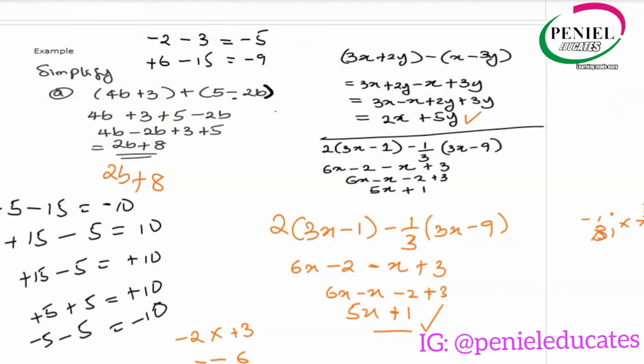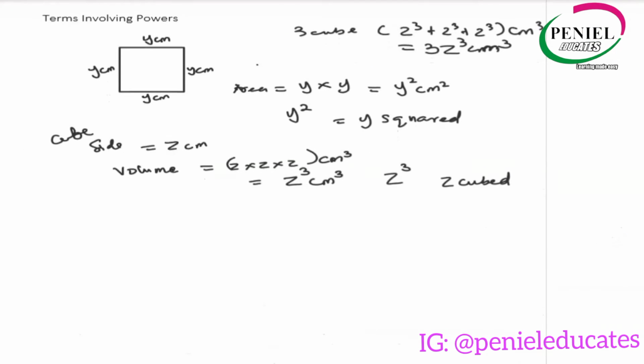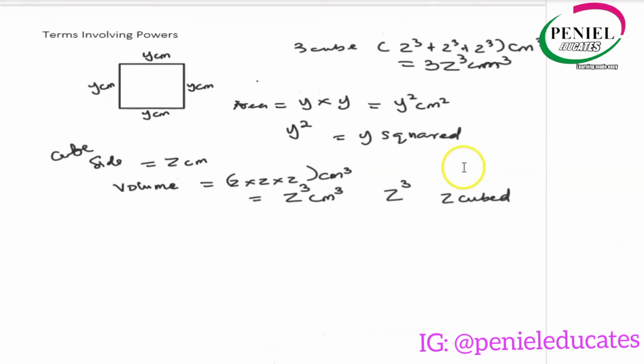Okay, so let us look at terms involving powers. Let us consider a square of side y centimeter as shown in the diagram. The area of the square is given as y multiplied by y, and that is y squared centimeter squared.